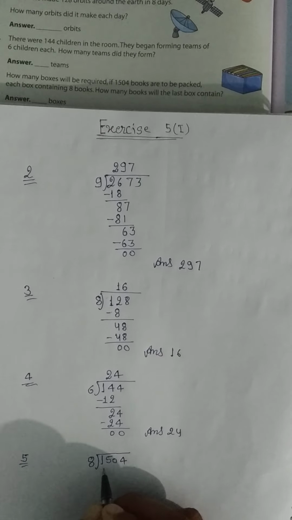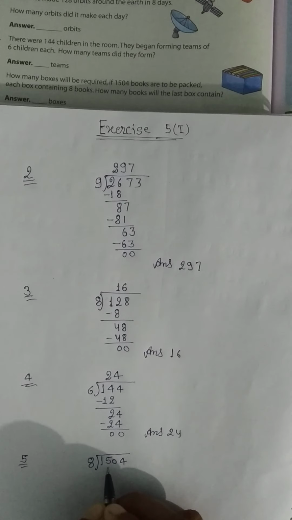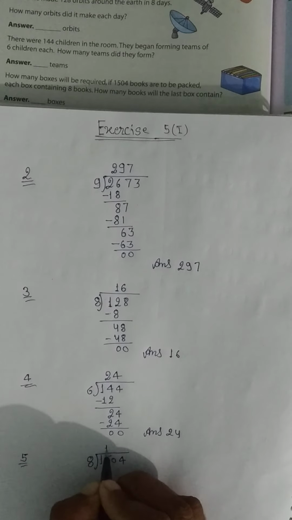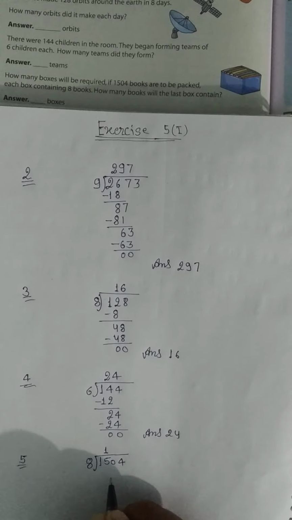We cannot divide 1000 by 8, so we take first two digits, which make 15 hundreds. 8 goes into 15 1 time. We write 1 in hundreds column and multiply it. 8 1s are 8.